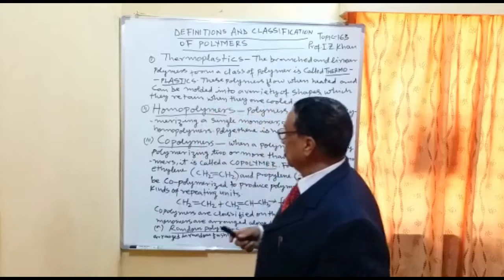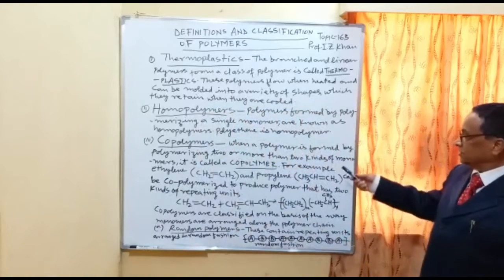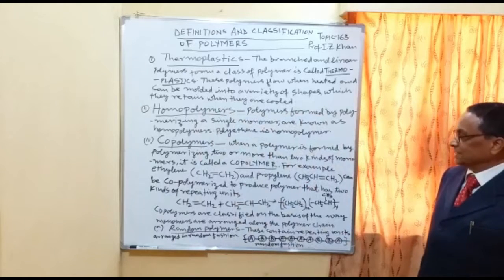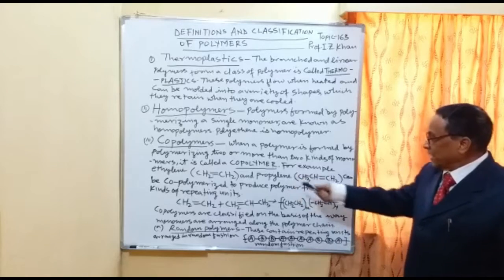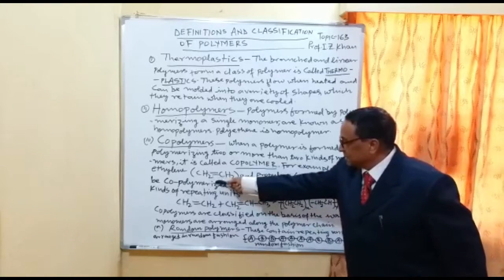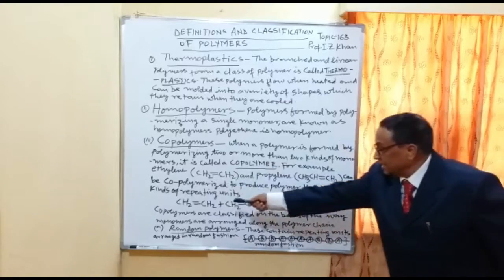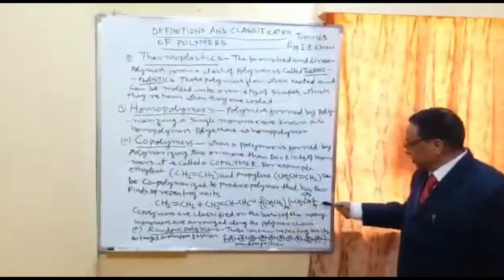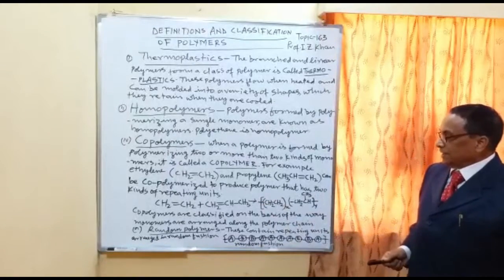That is called copolymers. For example, ethylene and propylene. So here one monomer is ethylene and the other is propylene. So ethylene and propylene, when they join together, then it is called copolymers.